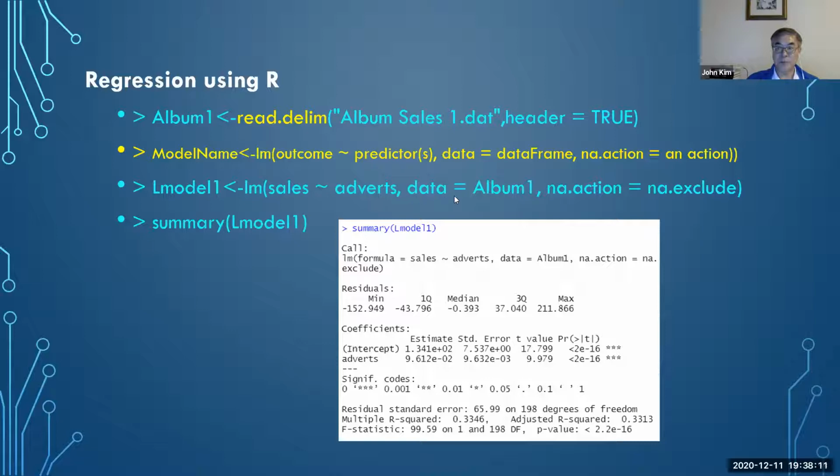Then data equals album 1. And then this function, not available action: in case the data does not match, then exclude. So type this.